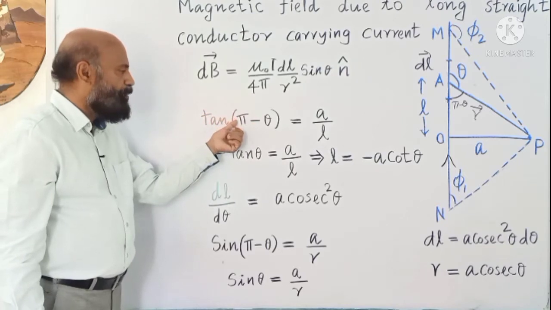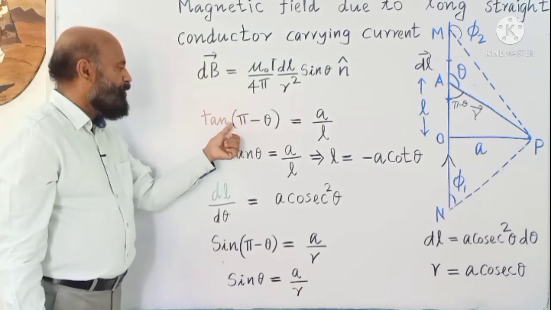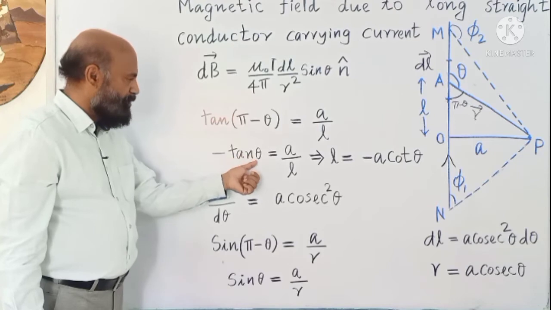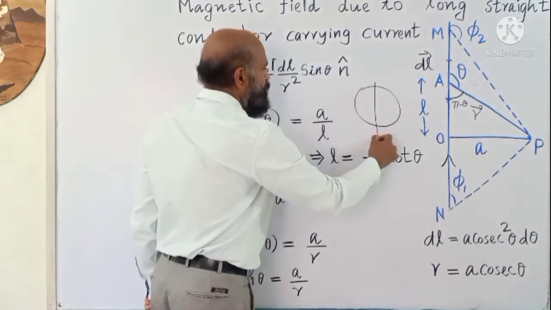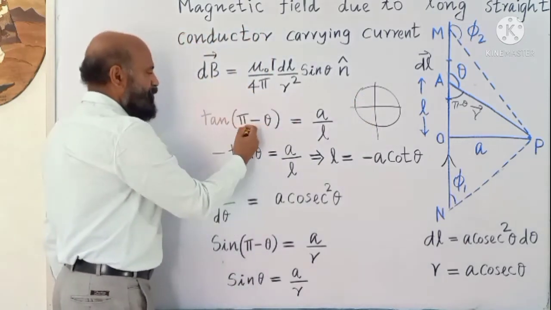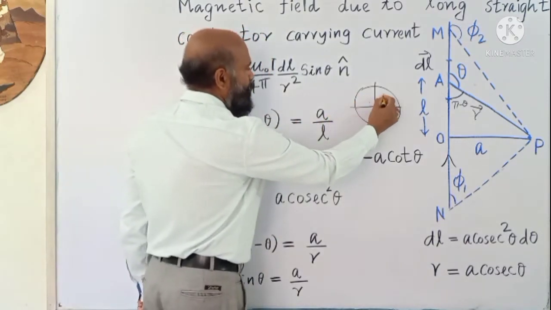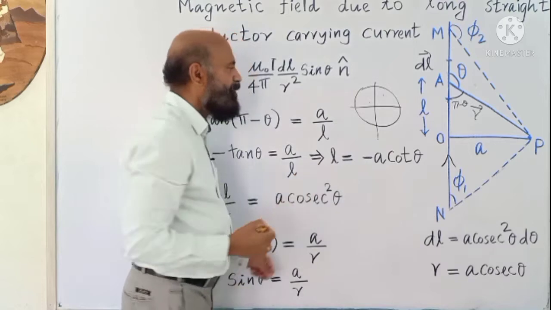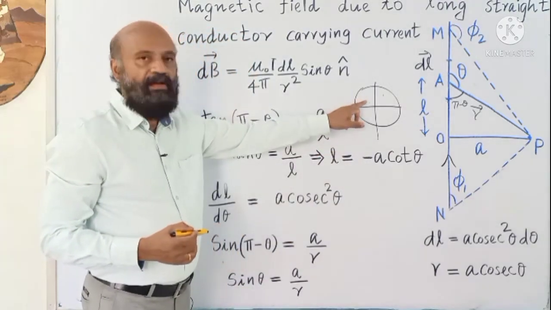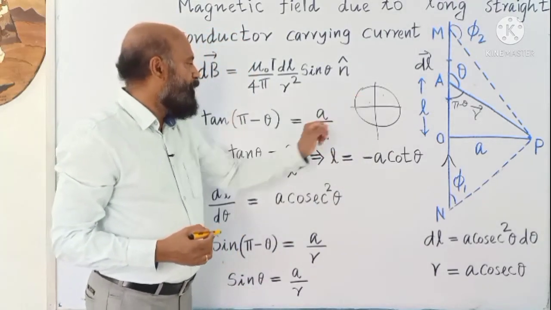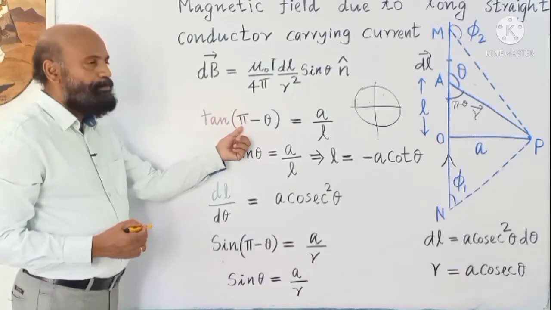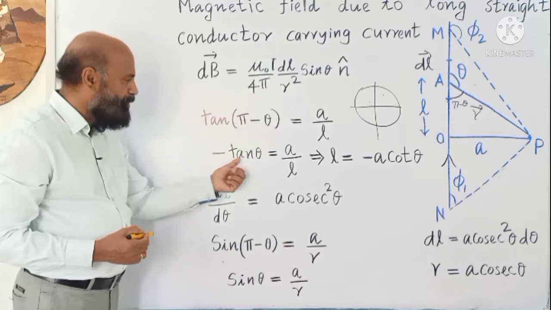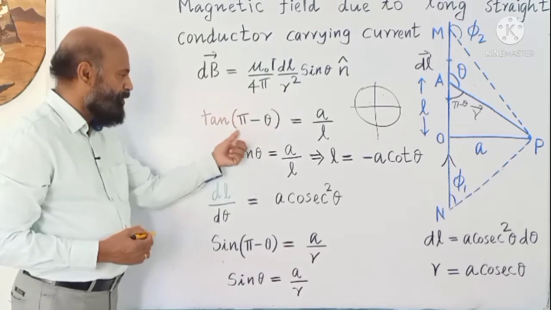If it is an even multiple of pi by 2, tan stays as tan theta. Pi minus theta is an angle in the second quadrant. In the second quadrant, only sine and its reciprocal cosecant are positive. Tan theta is negative, so tan of pi minus theta is minus tan theta.